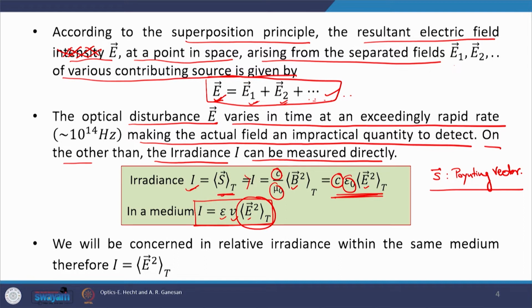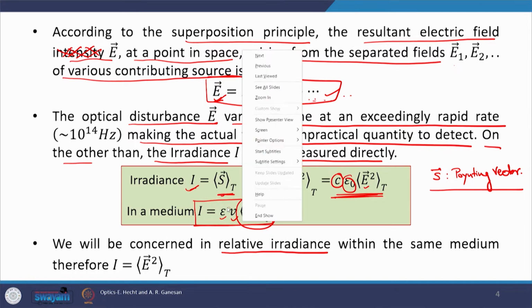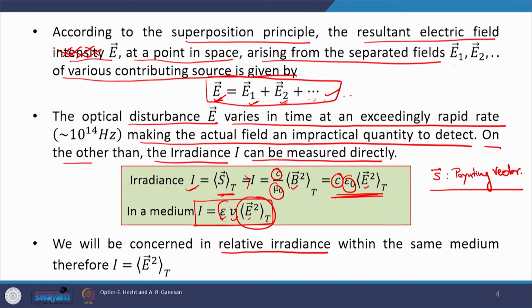But whenever we calculate irradiance in our derivations or while calculating the maxima and minima, we will always be concerned with the ratio of the intensities, the relative irradiance. Whenever we take the ratio of two irradiances, the constant which appears before the time average of E square, which is epsilon into V, will go away.